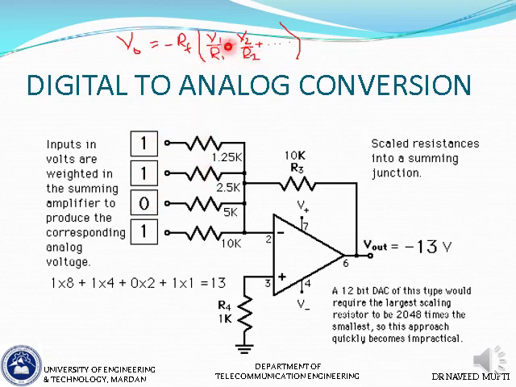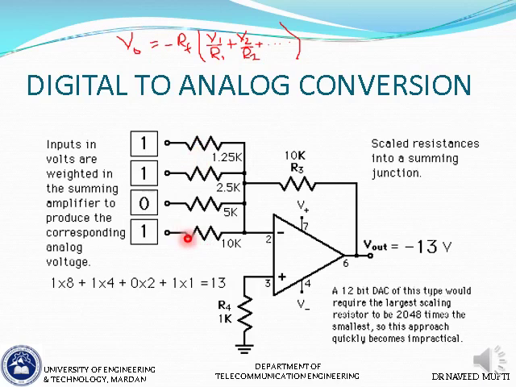The expression with the lesser value of resistance will give us greater current, so that will contribute more to the overall current than another branch where the resistor value is high and the current is low. So the current contribution from this branch is less than this, which is less than this, which is less than this. So this becomes the most significant and that becomes the least significant.